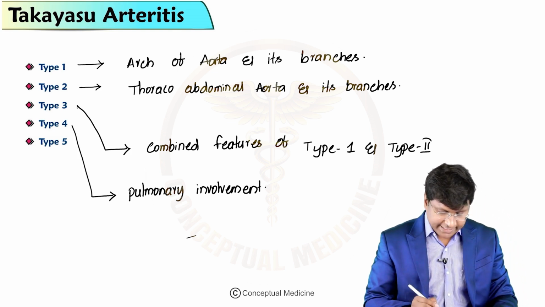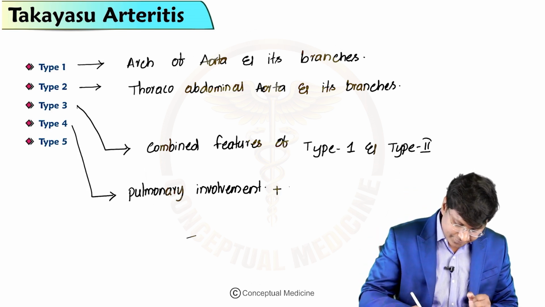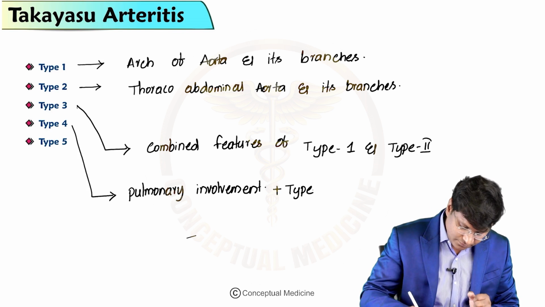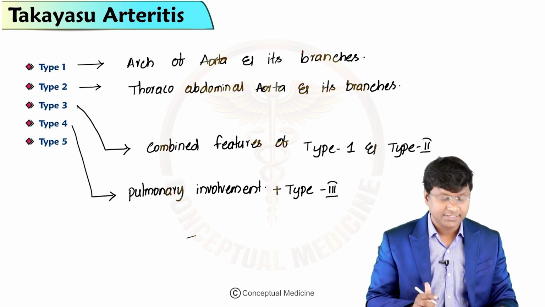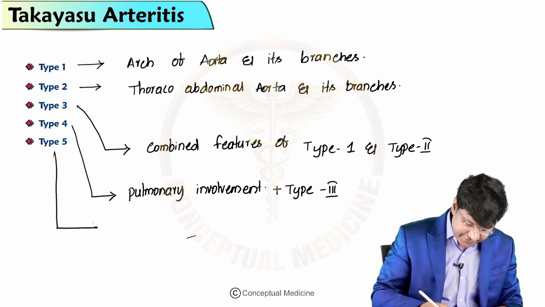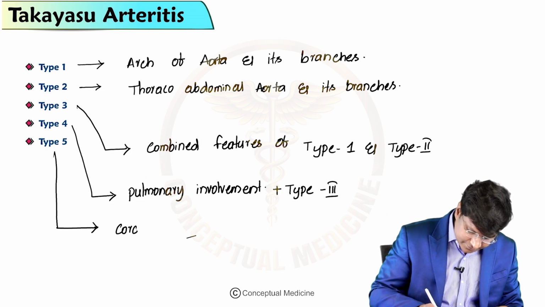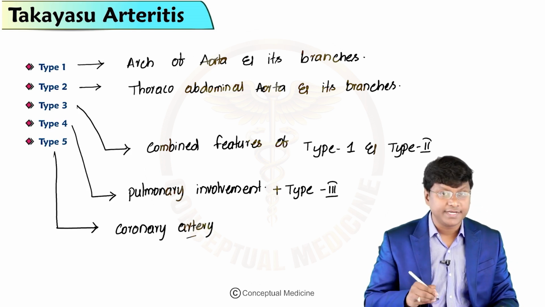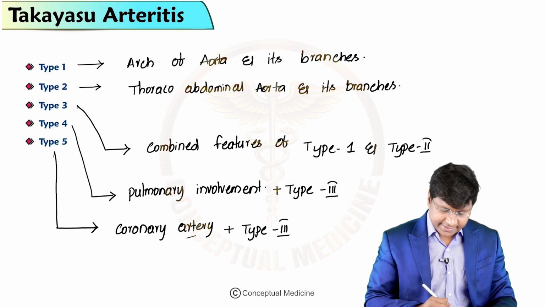Okay, so in case of type 4, you have type 3 and then pulmonary artery involvement. Whereas if you observe in type 5, there is involvement of coronary artery and then type 3.